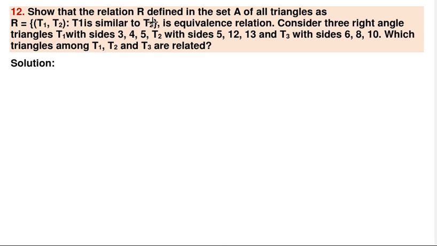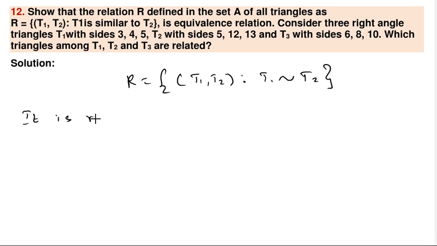Show that the relation R defined in the set A of all triangles, such that (T1, T2) where T1 is similar to T2, is an equivalence relation. Let us first take the relation R in set-builder form: (T1, T2) such that T1 is similar to T2. First, it is reflexive. Why reflexive?